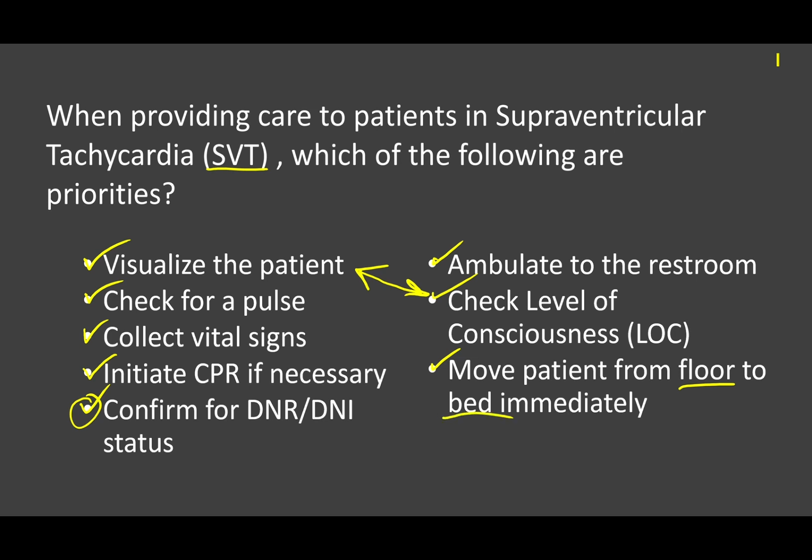The answer is no. You're actually going to take care of the patient right where they're at, make sure there's enough help in the room, then maybe you can move them if it's appropriate at that time. But if they've fallen to the floor, just keep the scene safe. So of this list, I would say it's the ambulate and the move the patient that are not your priorities.